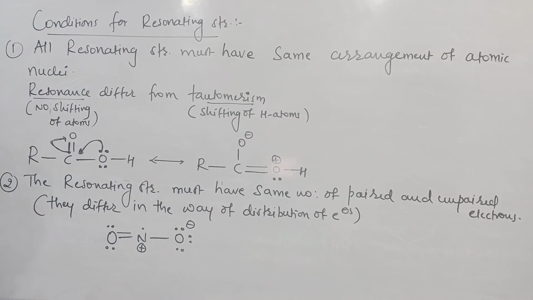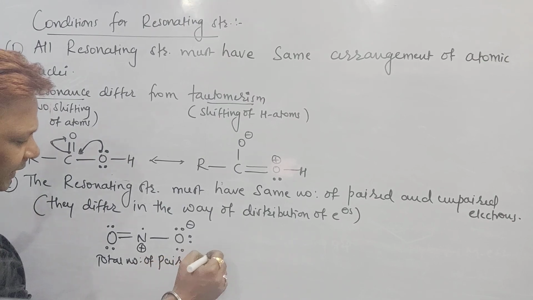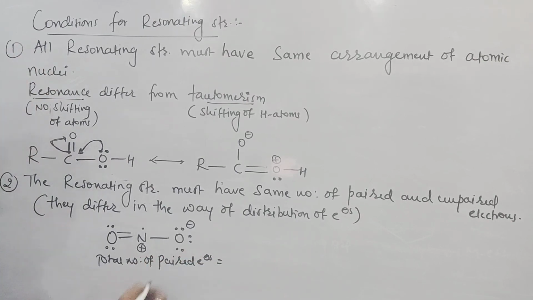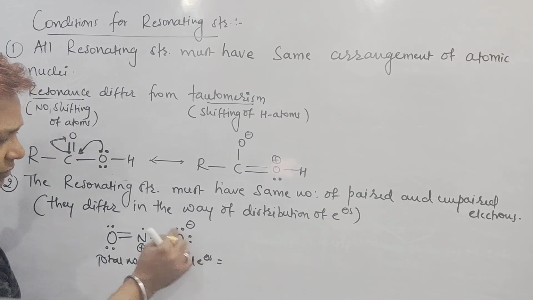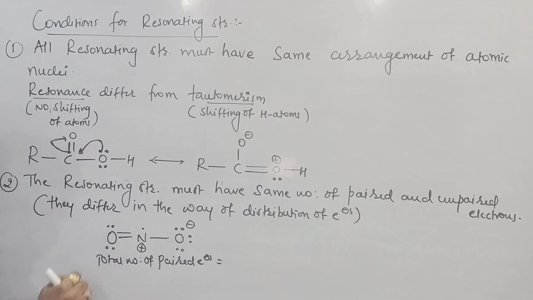Just see here, total number of paired electrons, how many here? Count here the total number of paired electrons: 1, 2, 3, 4, 5. Right? 5. Can we say this is 6, this is 7, this one is 8.